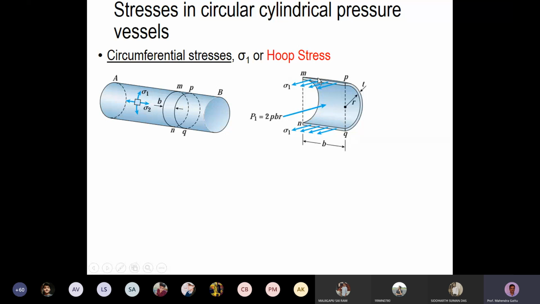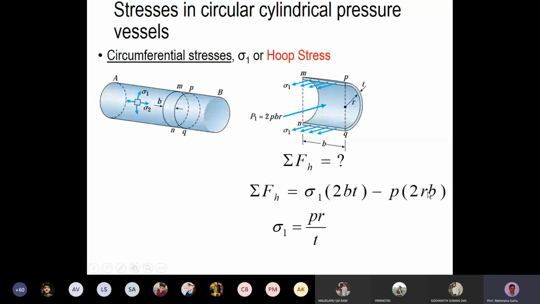The force due to the stress we can calculate as sigma 1 times thickness times B, and since there is thickness both at the top and at the bottom, it will be 2T, and that will be balanced by this 2PBR. From this we can get the sigma 1 value. We can cancel out 2B, and we get PR by T. So sigma 1, the hoop stress, is PR by T.